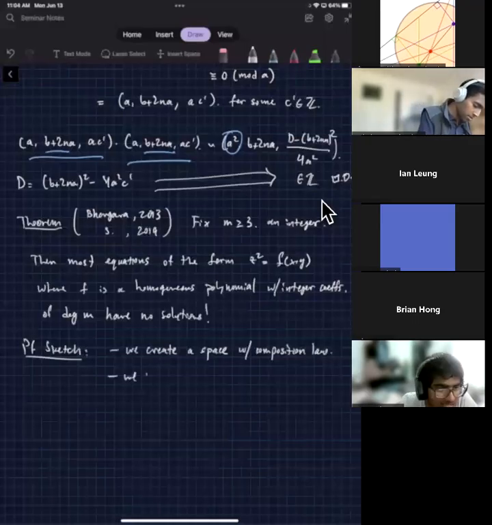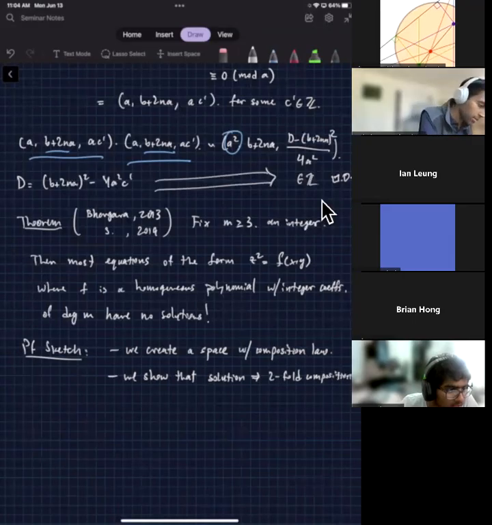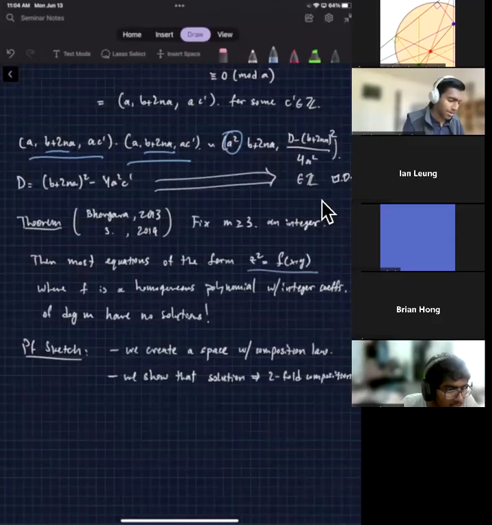And we show that a solution gives rise to a twofold composition. So remember, Castel showed that if you had a solution to z to the n equals a BQF, then you get an n-fold composition. Well, what we show is that if you have a solution to this equation, z squared equals f of x comma y, where f is some polynomial of degree m, then you get a twofold composition.